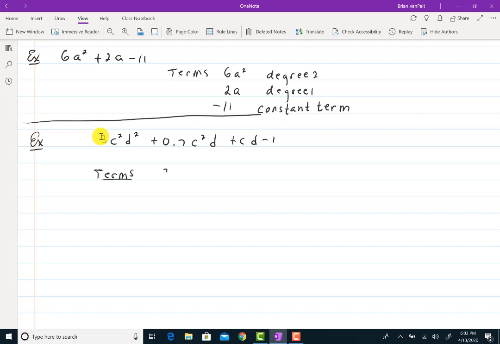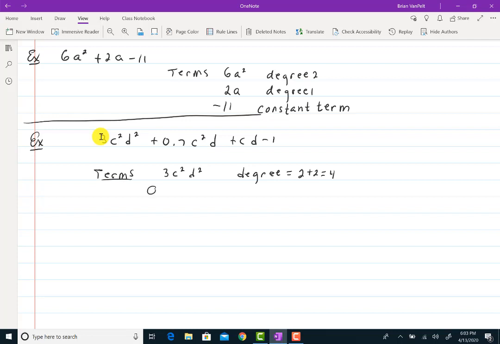We have 3c squared d squared. This term right here, the degree equals, now what you have to do with those powers is add them together. So it's actually 2 plus 2, which equals 4, because there's a 2 as a power for c and a 2 for the power of d.